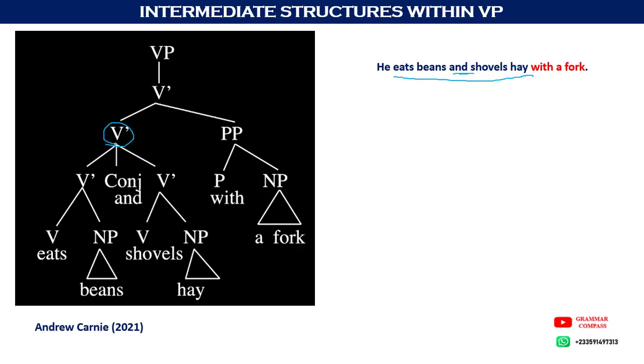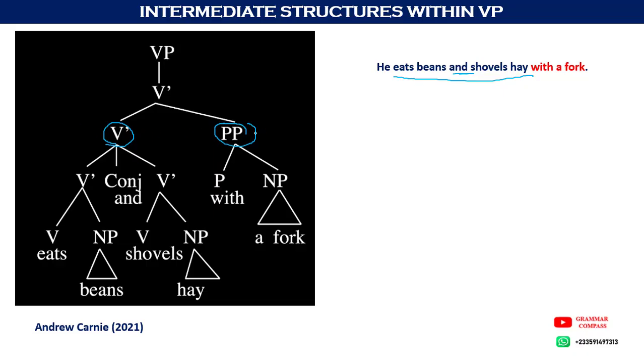So this intermediate category is conjoined. So we have conjoined intermediate categories, and both of them are modified by the prepositional phrase "with a fork." So here we have eliminated the ambiguity in phrase structure grammar, where all the modifiers and qualifiers are placed at the same level.